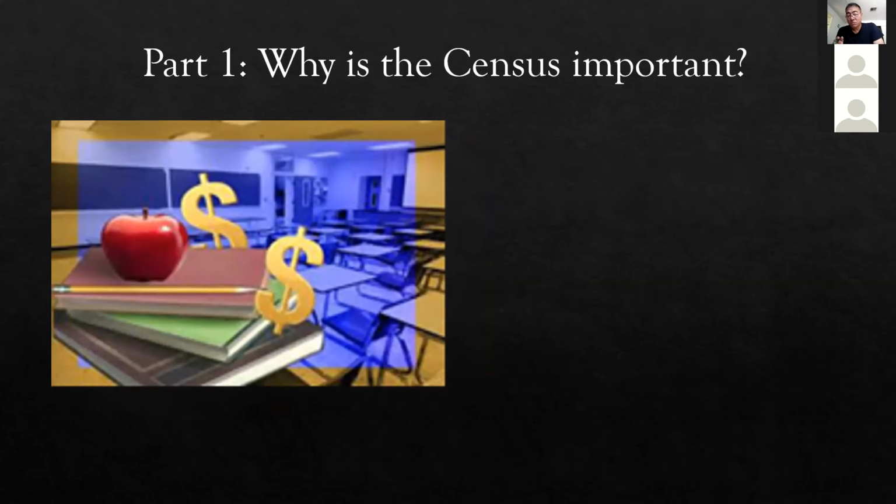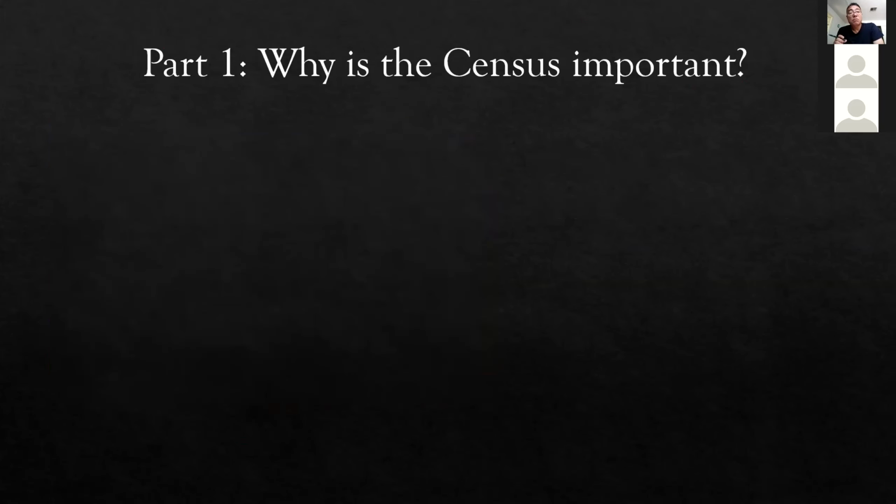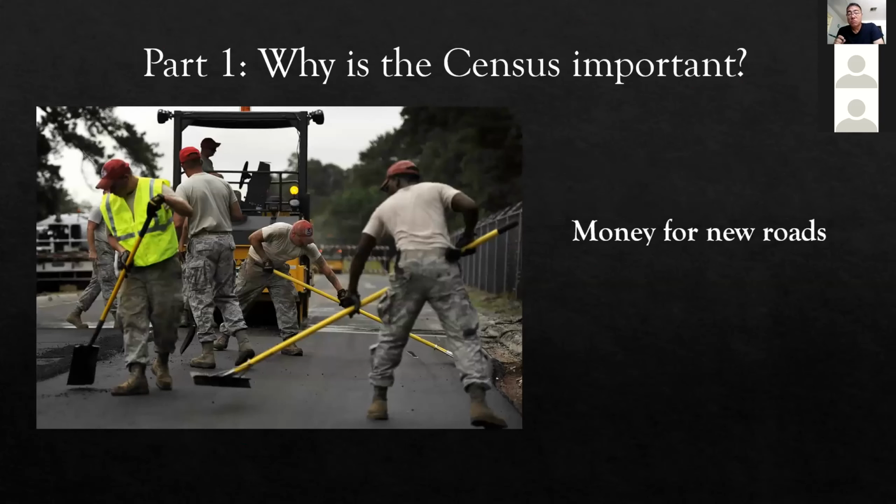Money for schools. That one's an easy one. And then one more. What's this? Money for new roads.